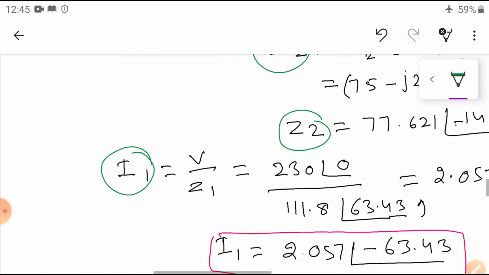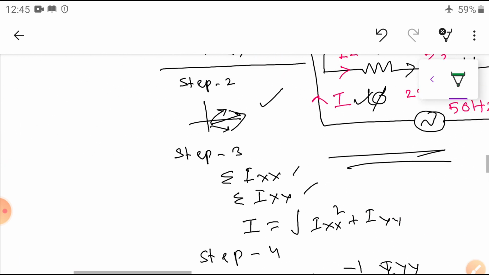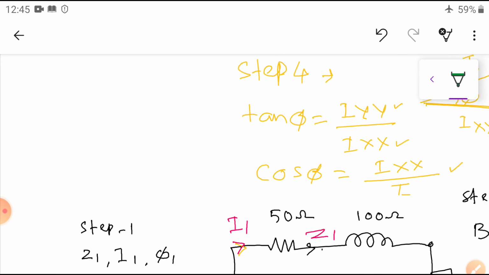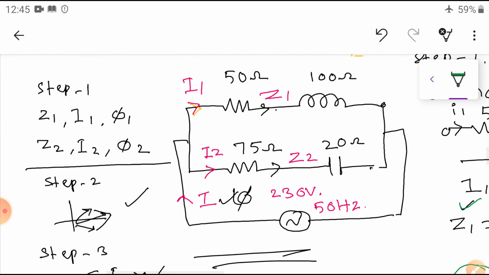Let us summarize what we have seen in this problem. It is a numerical problem, very easy. In step 1, we find Z1, I1 and phi 1. We know V, and V by Z1 gives I1 and its phase angle. Similarly from Z2, we calculated I2 and phi 2.